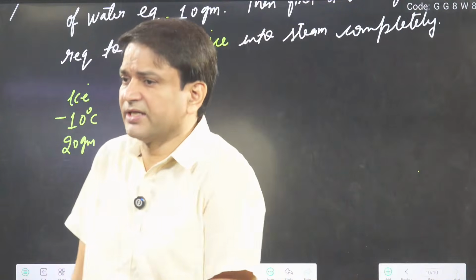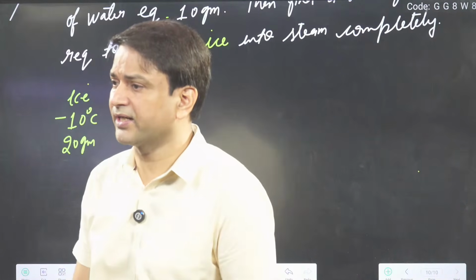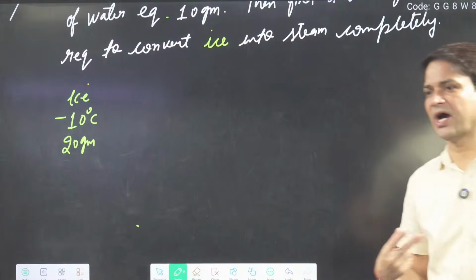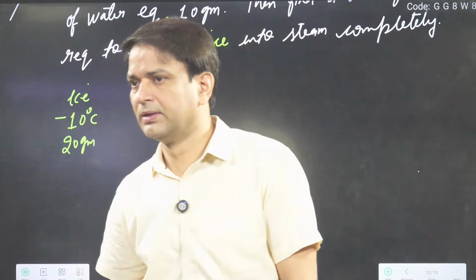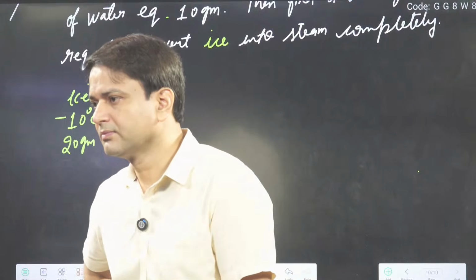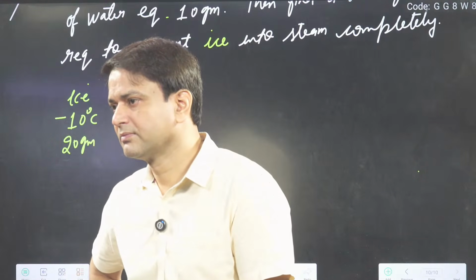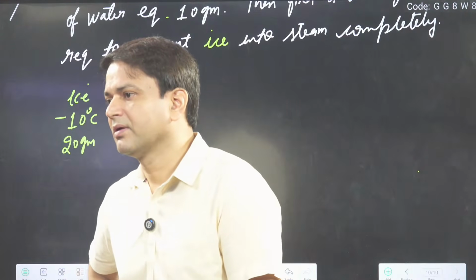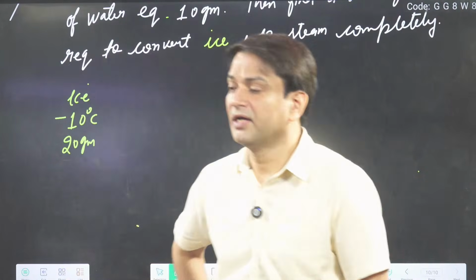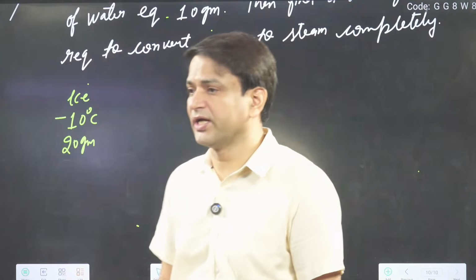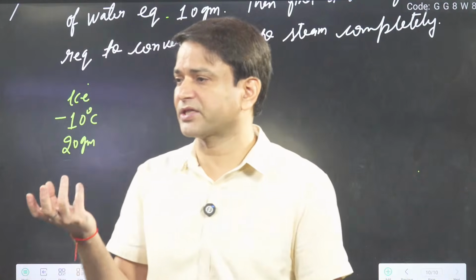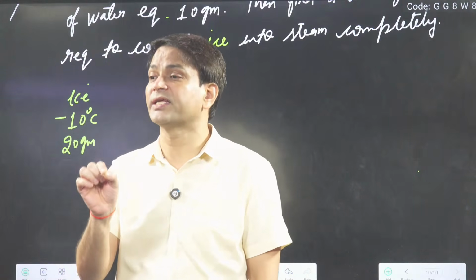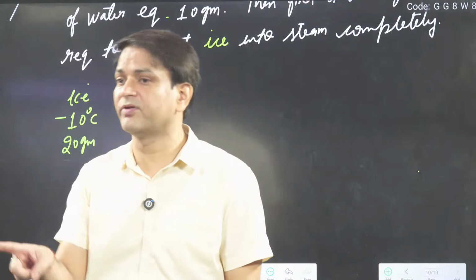No. Ice will melt at the melting point only. If they do not mention the pressure, we have to consider atmospheric pressure, and at 1 atm pressure, what is the melting point? 0 degrees C. So first it has to go to the melting point, then it will start melting.